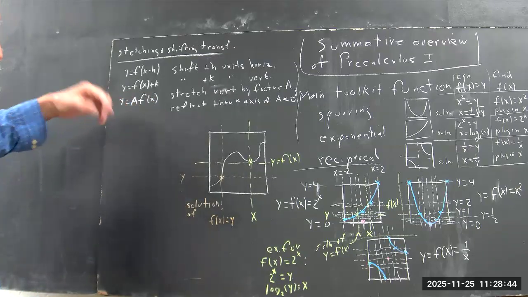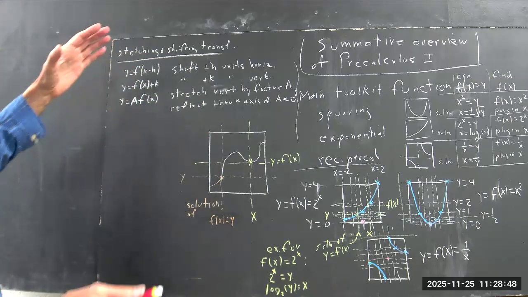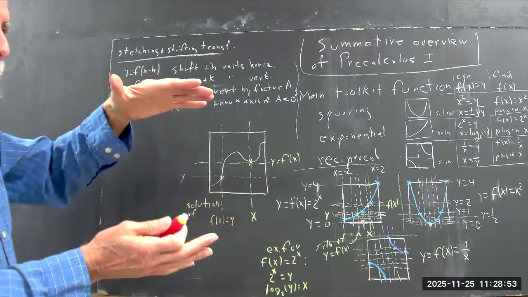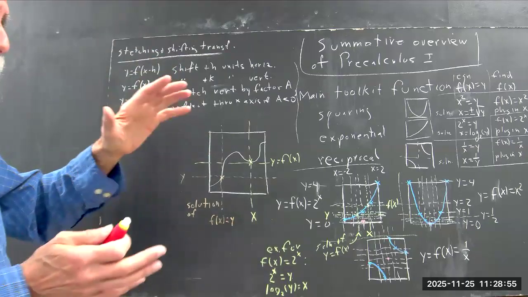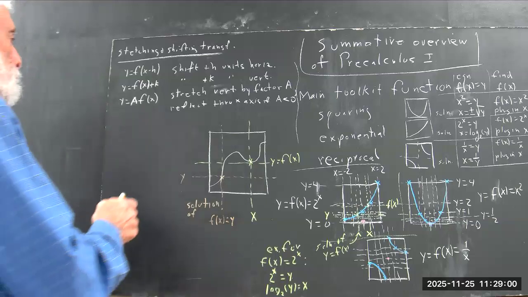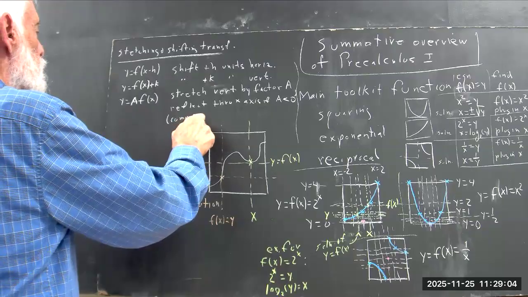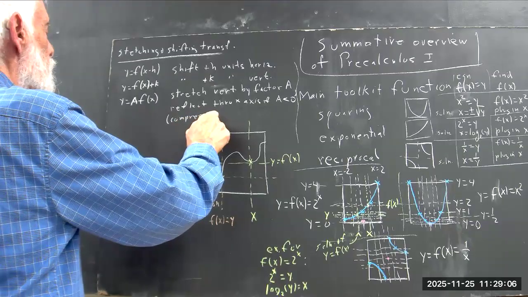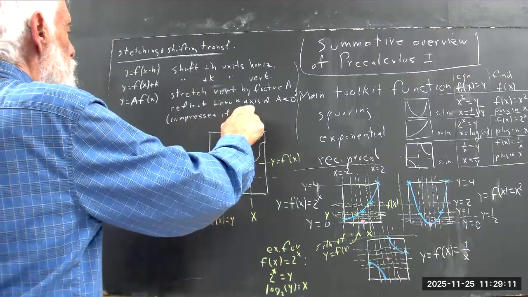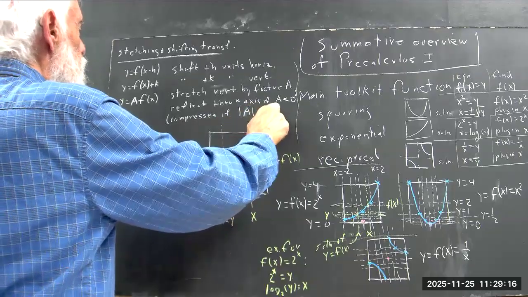So this is a stretch reflection factor, and it can also compress, because if the magnitude of a is less than 1, stretching by factor a actually compresses. So this compresses if the magnitude of a is less than 1.